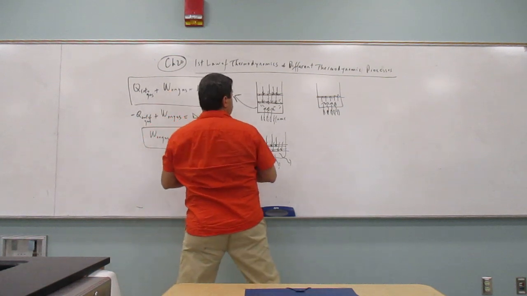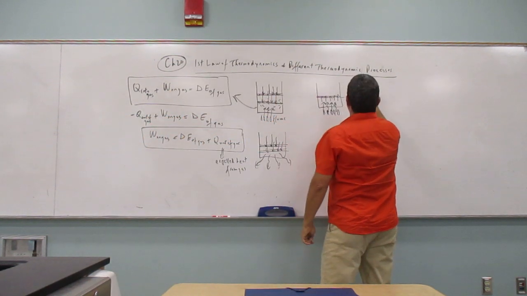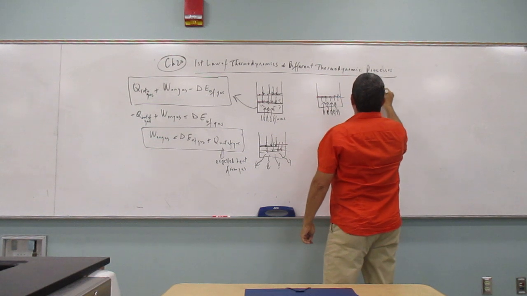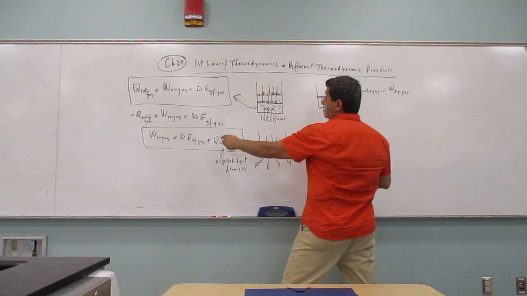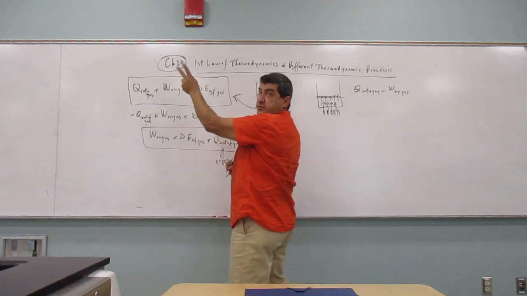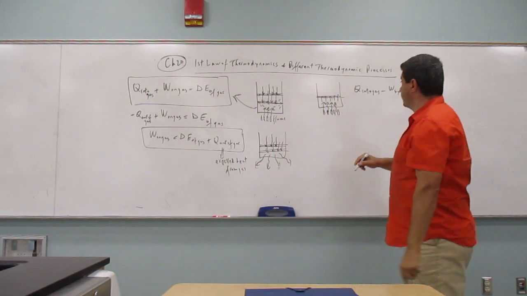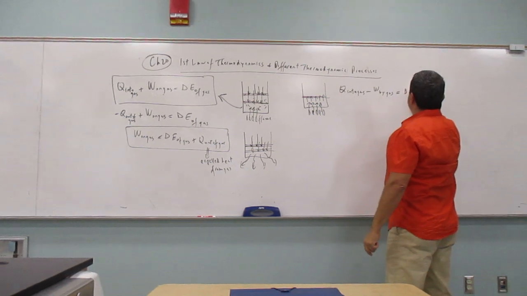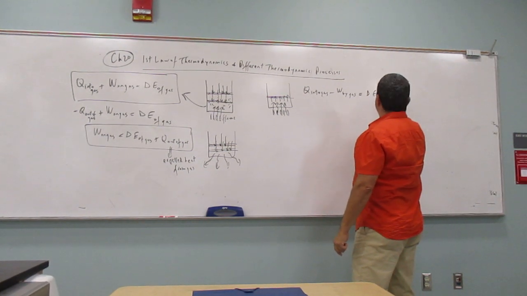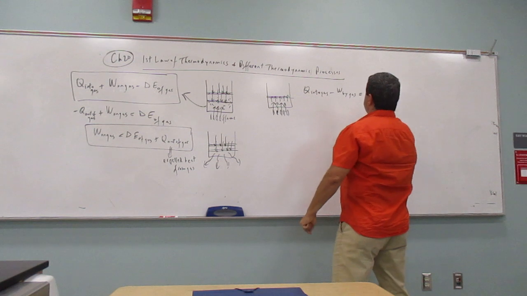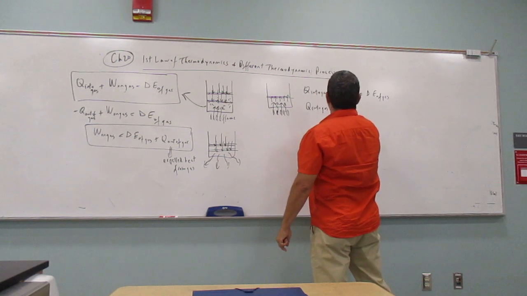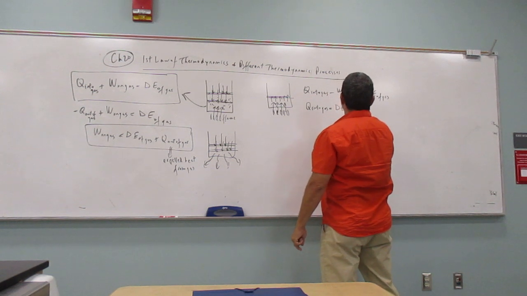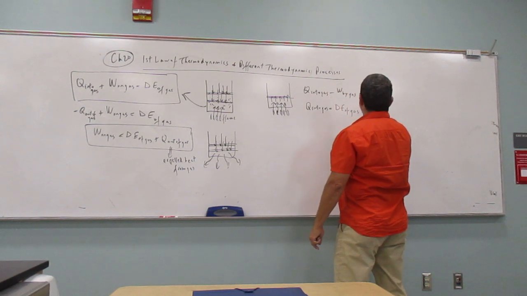So then we can write this as what? Q into gas minus W by gas. See, so work on gas is negative the work by the gas. You see? So then that's equal to change in internal energy of gas. So then this guy goes over there. Q into gas is delta E of gas plus work by gas.